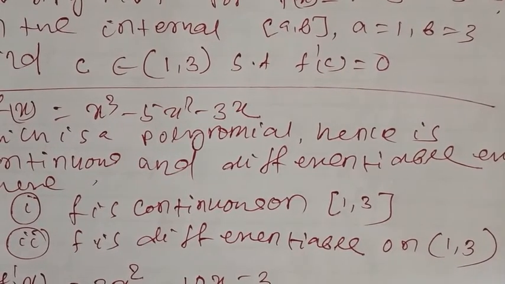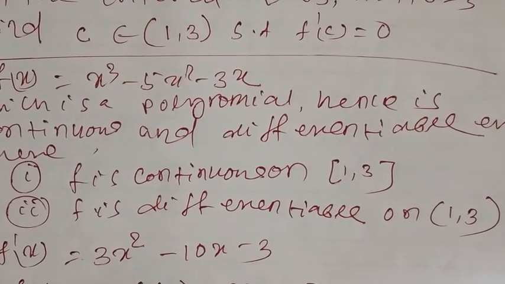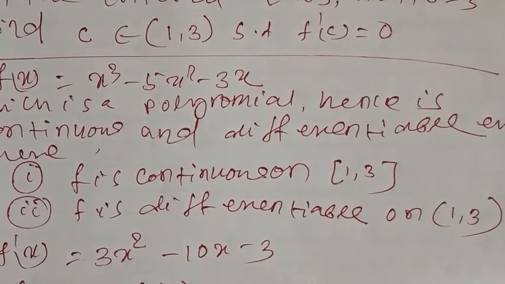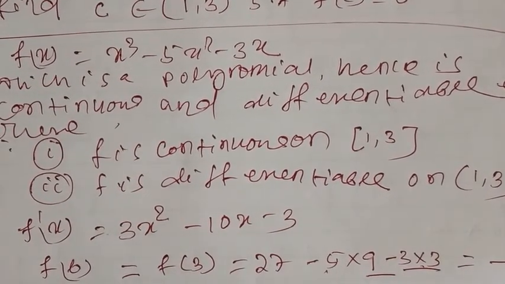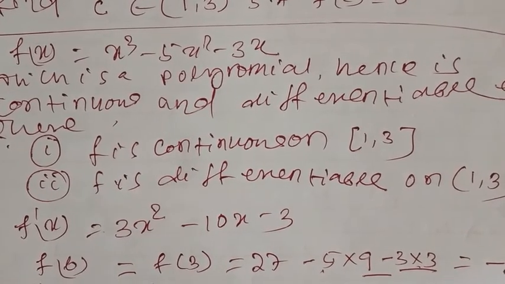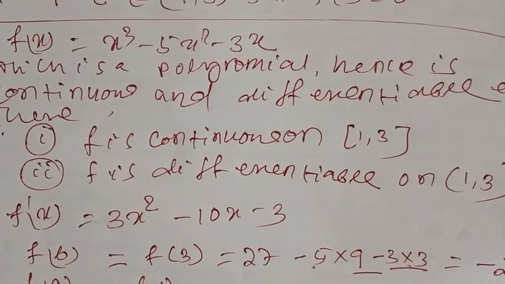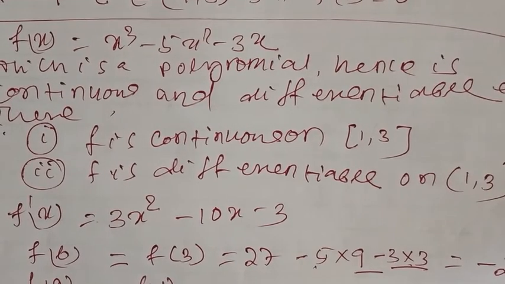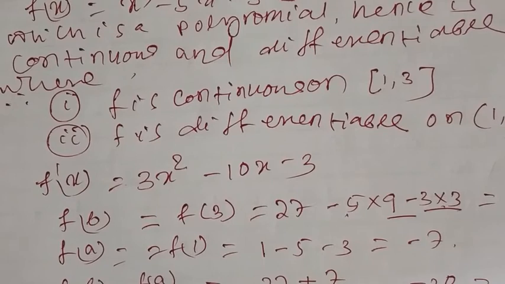So it is minus 27. And what is f of a? F of 1. What is it? 1 minus 5 minus 3. It is minus 7. Now, what is fb minus fa by b minus a? Minus 27 plus 7 by 3 minus 1. It is minus 20 by 2. It is minus 10. Okay.